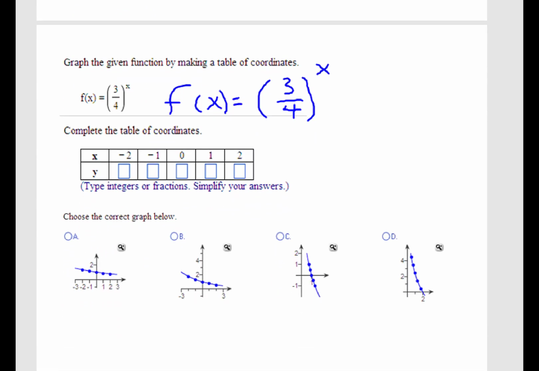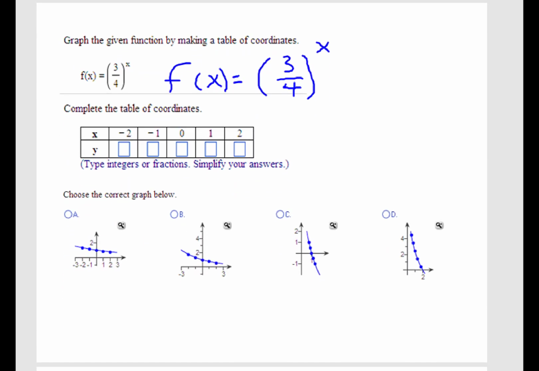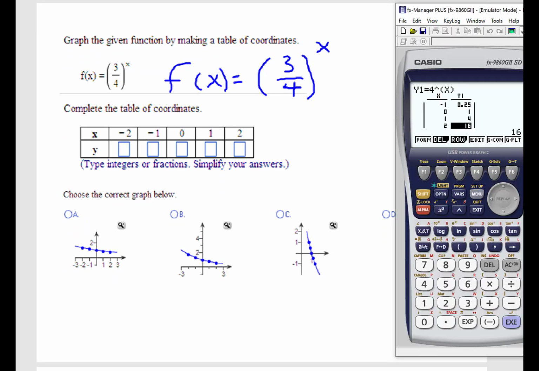So now let's do this one: 3/4 raised to the x power. We're going to get our calculator. I'm going to go back out to where I enter it into my table.